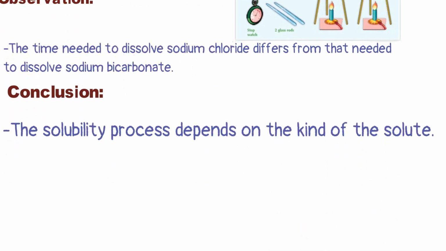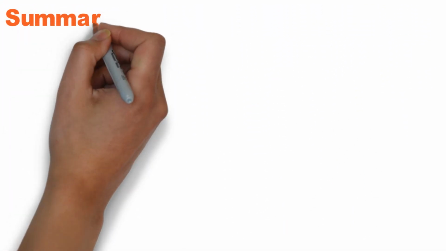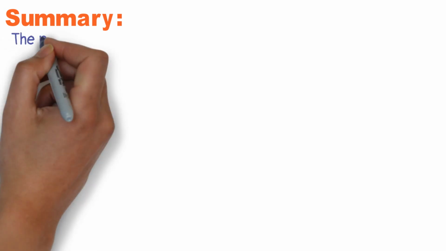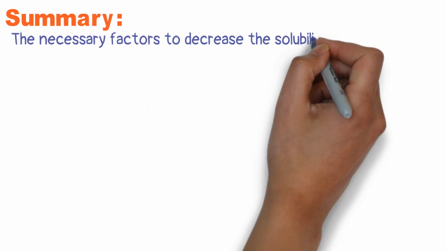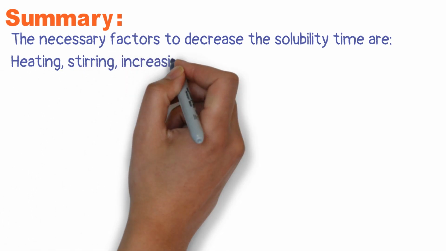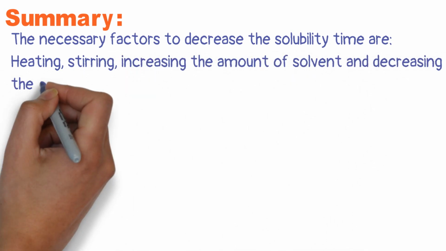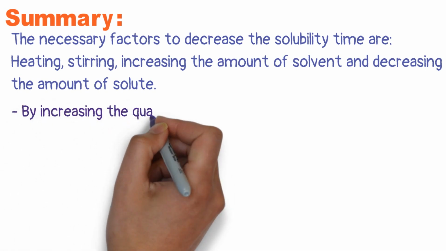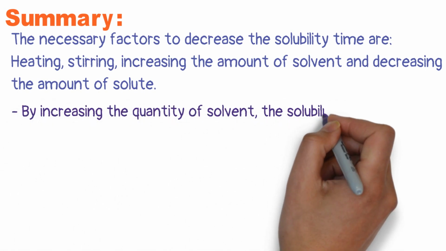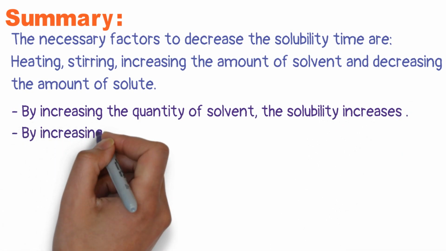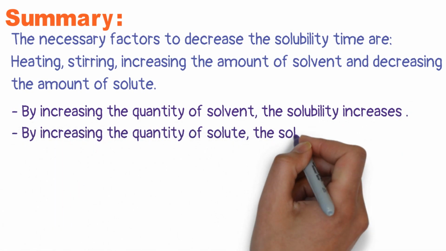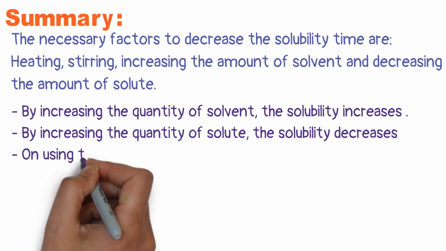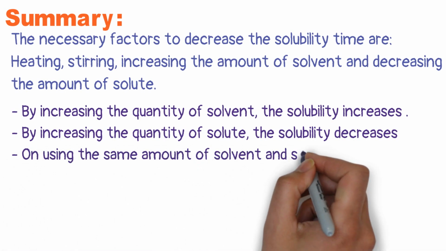So let's memorize it and summarize it. Okay, we have four factors affecting the solubility process, and they are the temperature, the stirring, increasing the amount of solvent and decreasing the amount of solute, and the kind of solute. By increasing the quantity of solvent, the solubility process increases. Also, by increasing the quantity of solute, the solid substance, the solubility process decreases.